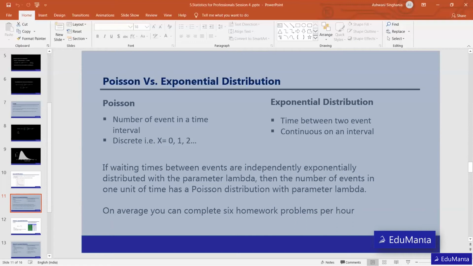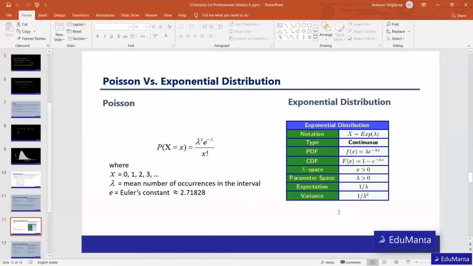How do we look at this from the point of view of the exponential distribution? We will see it further. So let's see this once. The formula for the Poisson distribution is lambda raised to power x, times e raised to power minus lambda, divided by x factorial, right? Whereas in the case of the exponential distribution, we are going to use the formula lambda multiplied by e raised to power minus lambda multiplied by x.